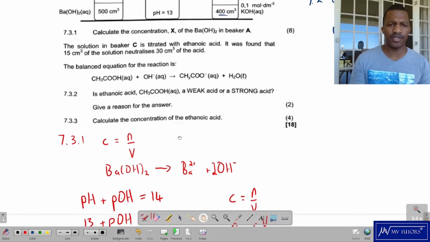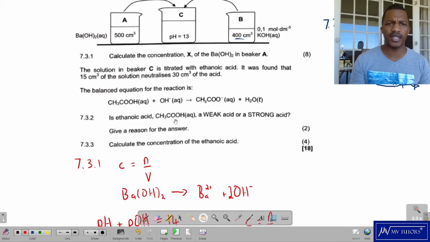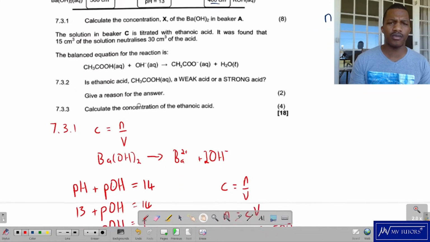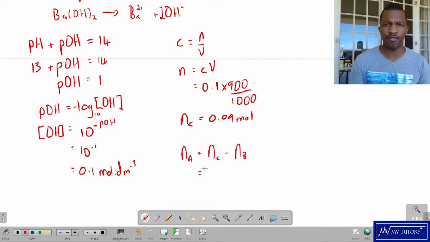We are really interested in the number of moles in beaker A. Okay, so what we're gonna do is say, to get the number of moles in beaker A, we're gonna have to take the number of moles in beaker C minus the number of moles in beaker B, okay, so that we get the number of moles in beaker A.